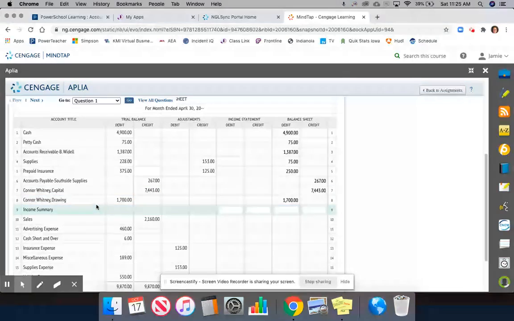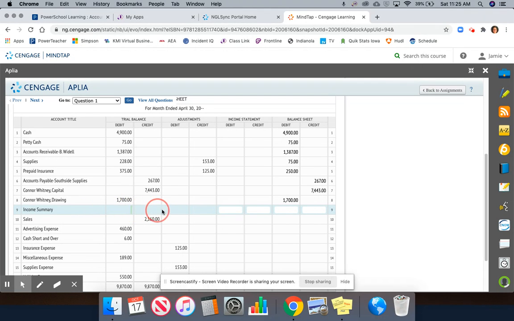Now we've reached the income summary line. That is our dividing line. Now everything below is going to go into the income statement column. Transferring those numbers exactly as they are in the trial balance, so a credit of $2,160 in the income statement.